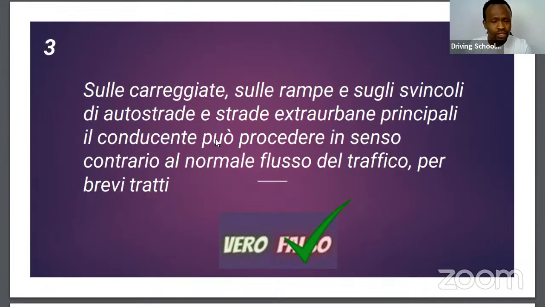Those are places where you cannot do such things. So the answer is falso. Sulle carreggiate, sulle rampe e sugli svincoli di autostrada e strada extraurbana principali, il conducente può procedere in senso contrario al normale flusso del traffico per brevi tratti. Falso. You can't try something like that. So the number 3 question is false.